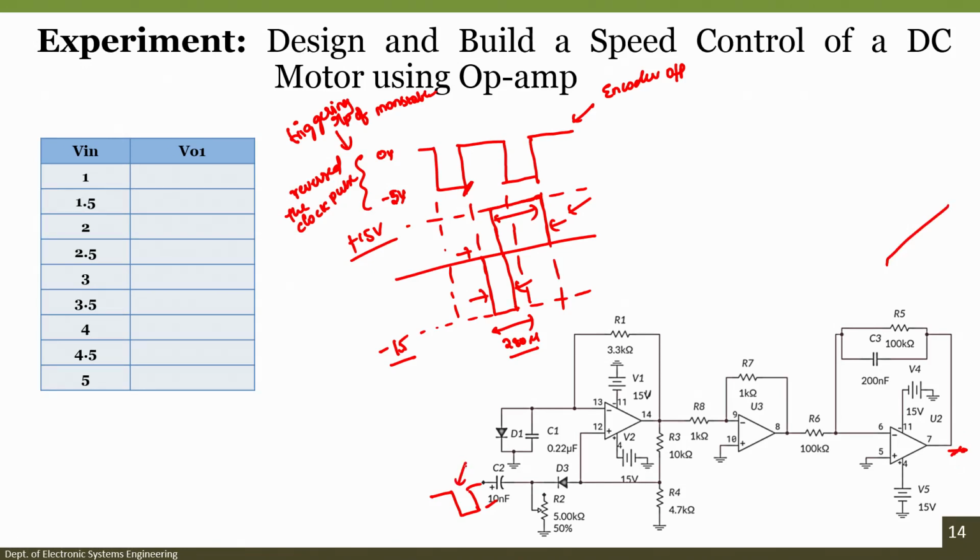The idea behind that is that adding an integrator to the output of a monostable will give a linear output voltage. The reason is that, when we look into the monostable multivibrator, we know that we are getting fixed duration on-time pulses.